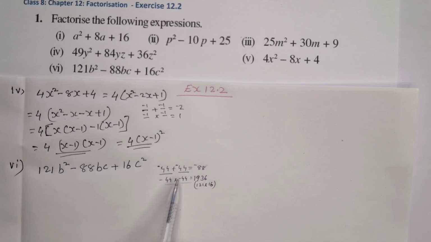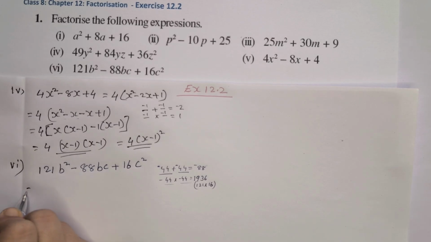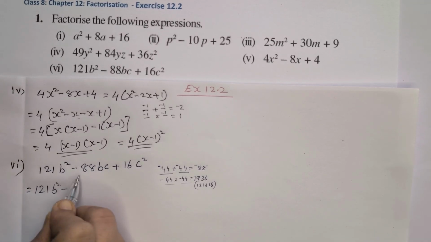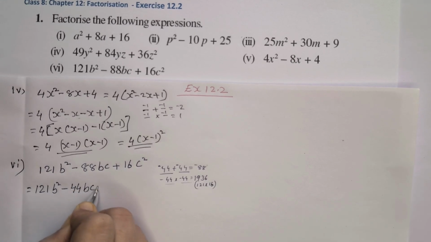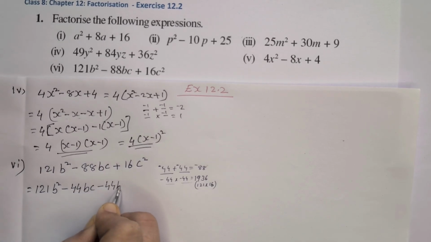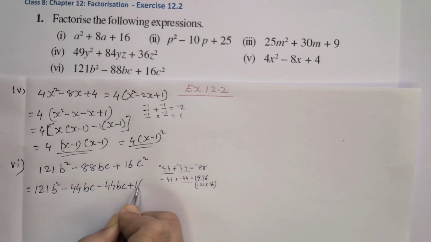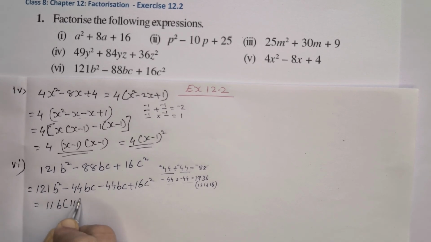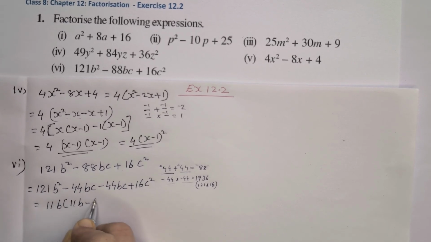We have to find the numbers. Therefore, the numbers are minus 44 and minus 44. So we can write the given expression by splitting the middle term. Only the middle term we are changing: 121b square minus 44bc minus 44bc plus 16c square. From here we can take 11b as common, 11b into 11b minus 4c.